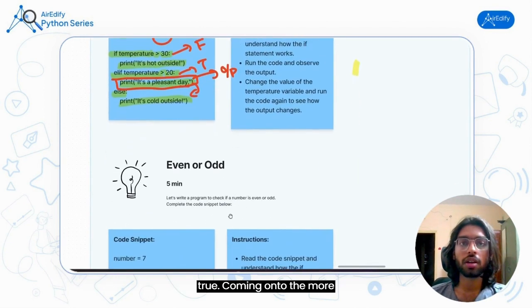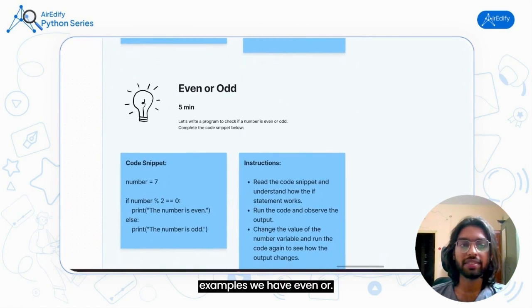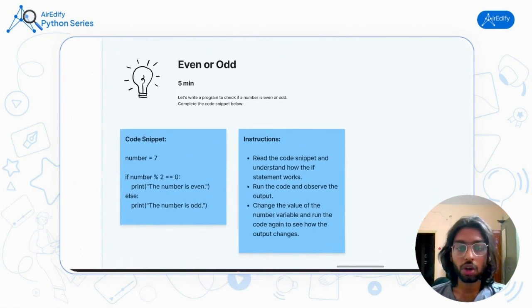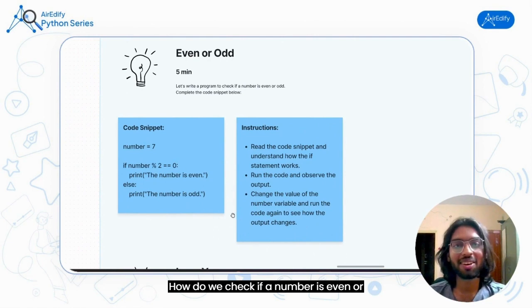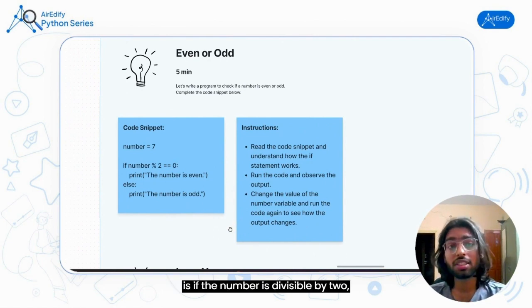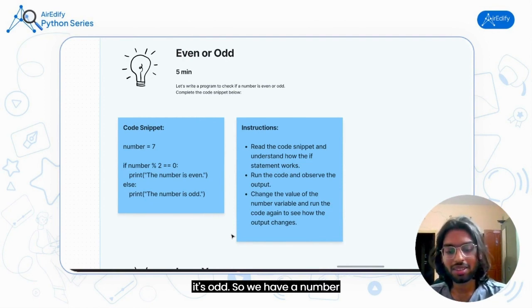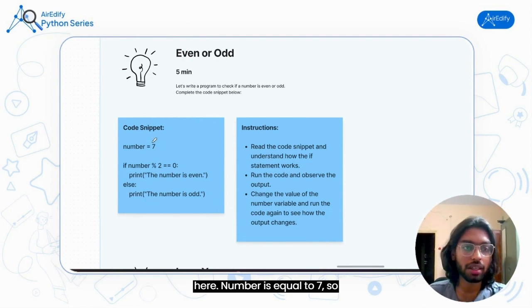Coming on to more examples, we have even or odd. How do we check if a number is even or odd? The easiest method I could say is if the number is divisible by 2, then it's even. Any number that can be divided by 2 is even, or else it's odd. So we have a number here.